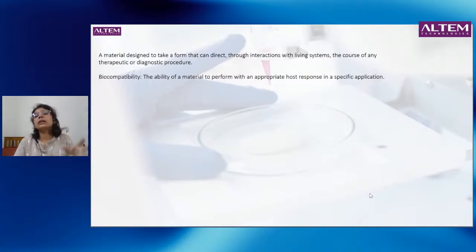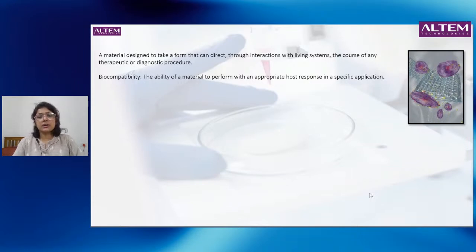The idea behind biomaterials is biocompatibility. Biocompatibility is basically the ability of a material to perform with appropriate host response in a specific application. The idea of keeping a cell type or a living body intact or in contact with a biomaterial is what biocompatibility generally stands for.